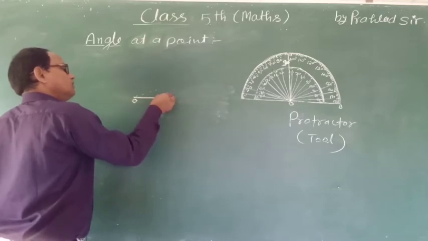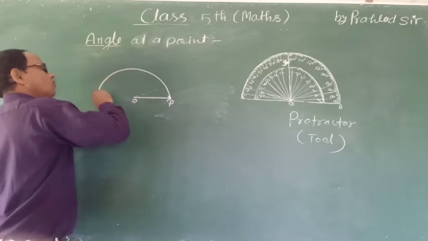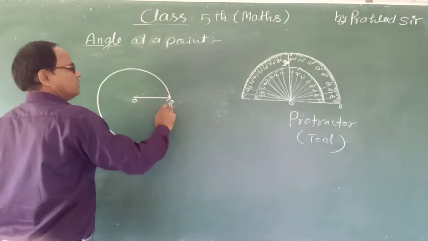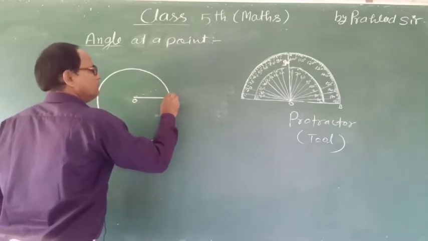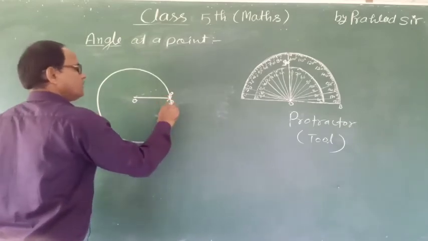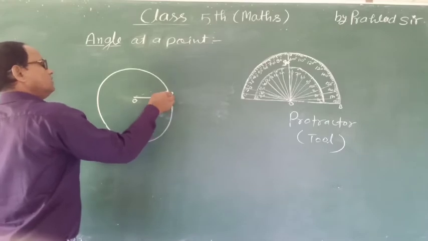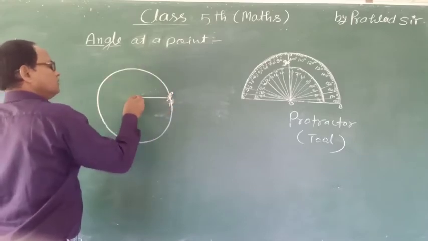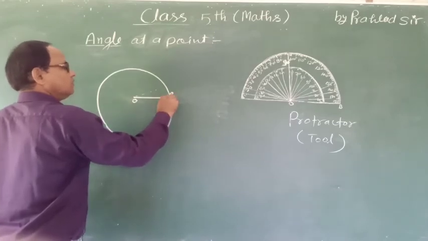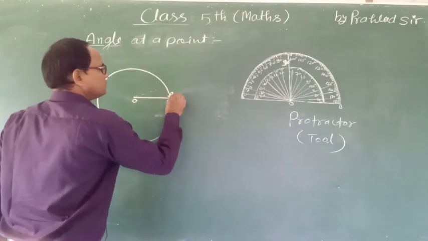Here OP moves around O. Start from P and move around the point O, and again coincide on P dash.